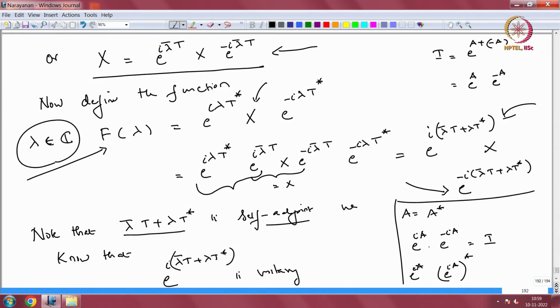Then we define this function f of lambda equal to e to the i lambda T star x e to the minus i lambda T star, and then we substituted this identity for x here, and we combined this, right. So, we had a unitary operator here and the adjoint of that, right.